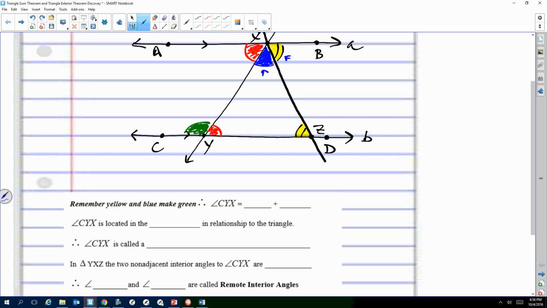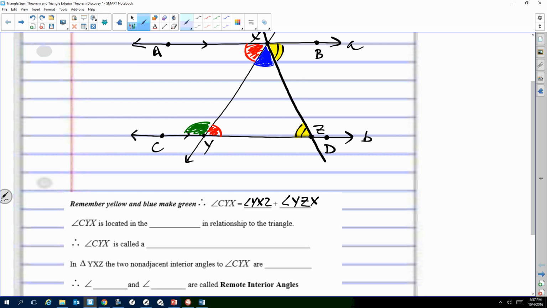Or we're going to focus on the yellow and the blue in the triangle because there's a special relationship here that I want you to see. So CYX is going to equal my angle YXZ plus my yellow, because yellow and blue make green, which is my angle YZX. Okay?